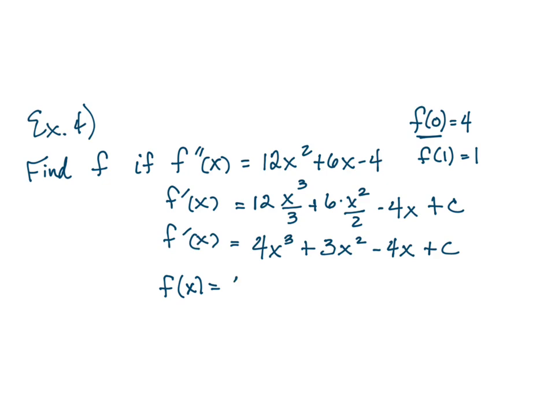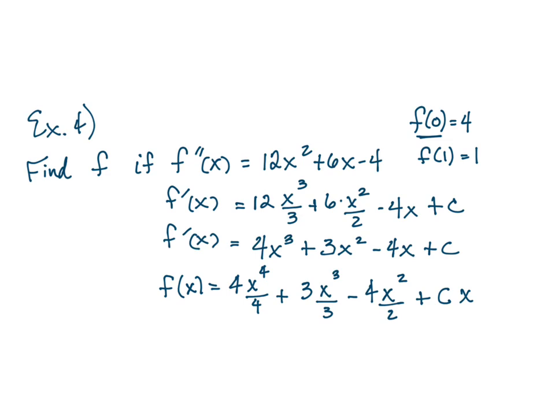All right, so we're going to keep the 4, and then this is going to be x to the 4th over 4, plus 3 times x cubed over 3, minus 4 times x squared over 2, plus cx. See, now c is a constant, and it gets an x when it rolls down into the next antiderivative.